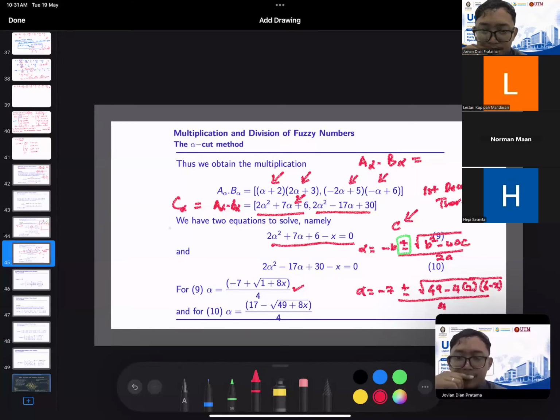So this is the equation, but I would like to ask the students: the notation here is plus or minus, but why do we choose plus, not minus? Can anyone of the students answer my question, please? Why do we need to choose the plus here, not the minus sign? Anyone?